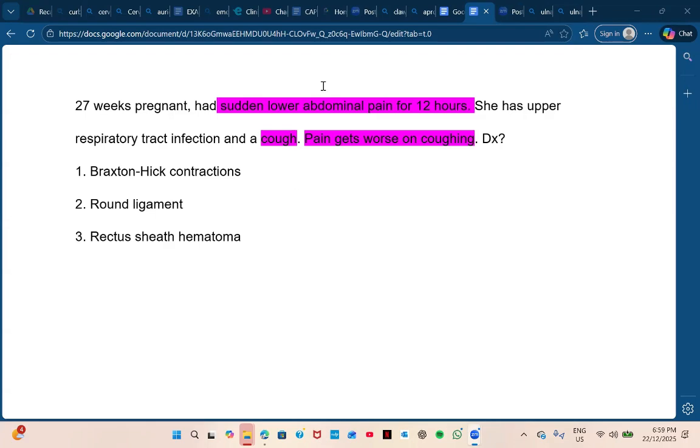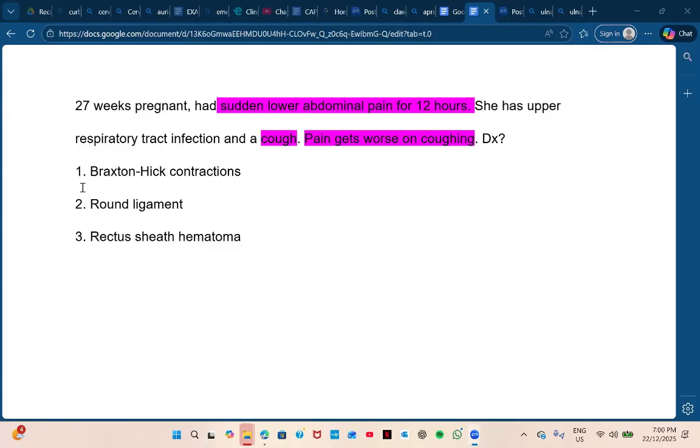Let's check the chat. Broad ligament. Okay. What do you think about the rectus sheath hematoma? Is it possible or not? Yeah.